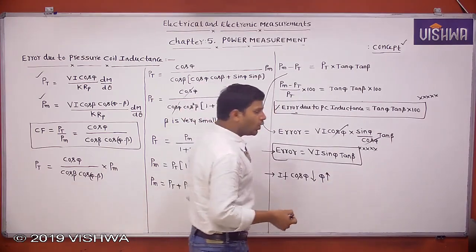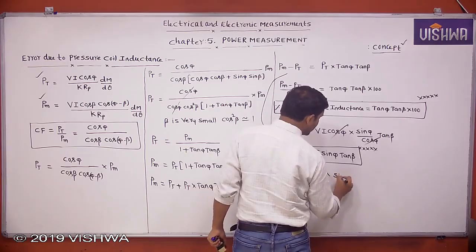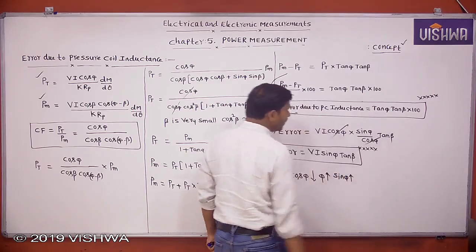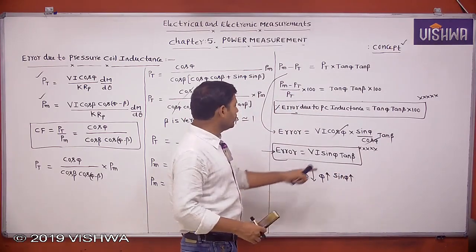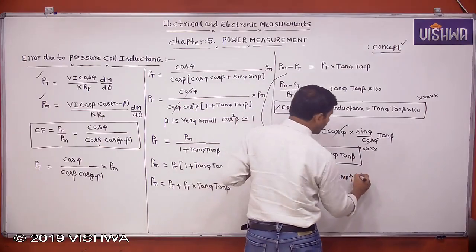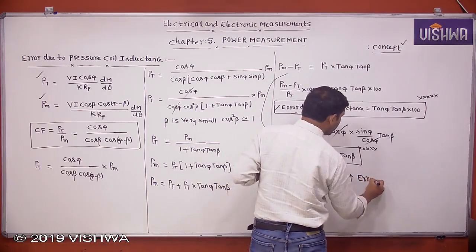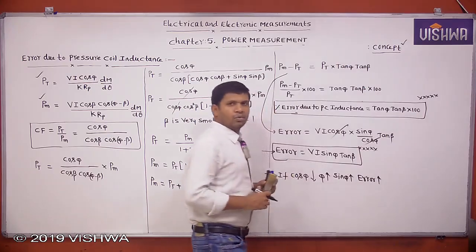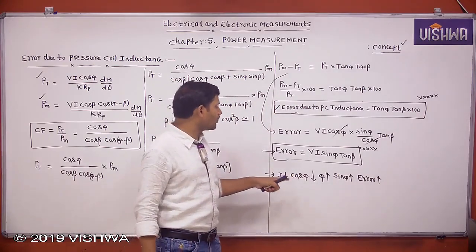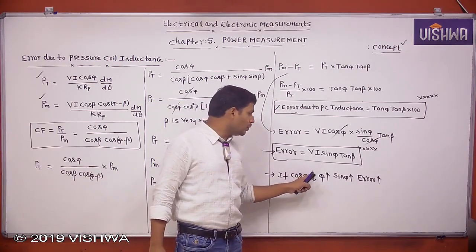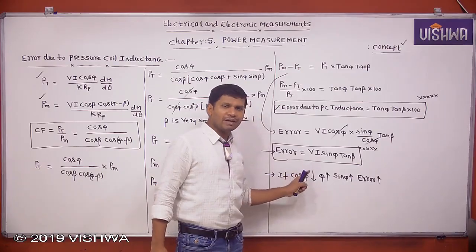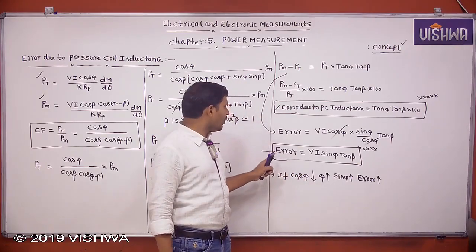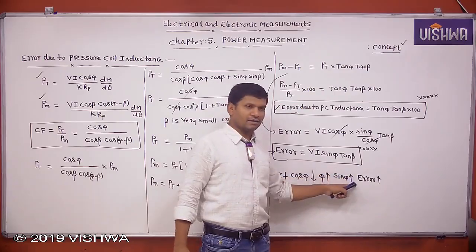If φ is more, sin φ is also high. If sin φ is high, then the error is high. That means if we are using the wattmeter at low power factor, then the wattmeter gives a large error.